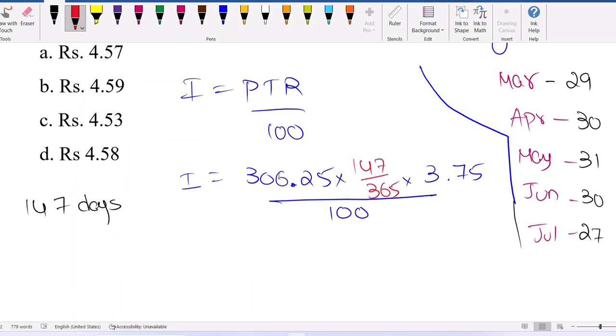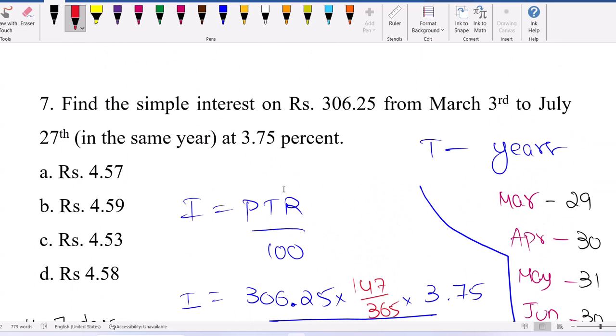The other side of the coin: from March 3rd to July 27th, if a calendar concept is involved, only one of those days is counted. Whether March 3rd or July 27th, only one will be involved, not both. Let us say I took the amount at 1 p.m. afternoon on March 3rd, and I return it at 1 p.m. afternoon on July 27th.